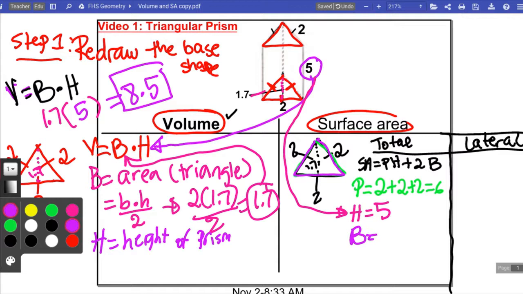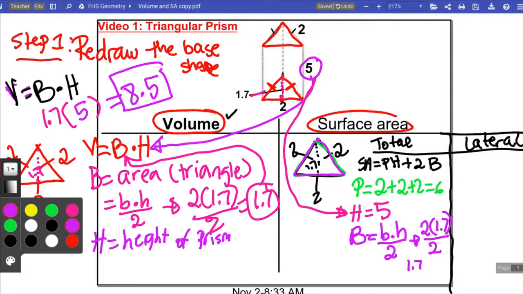The area of the triangle is base times height divided by 2. The base, 2, times the height, 1.7, divided by 2, we get 1.7.